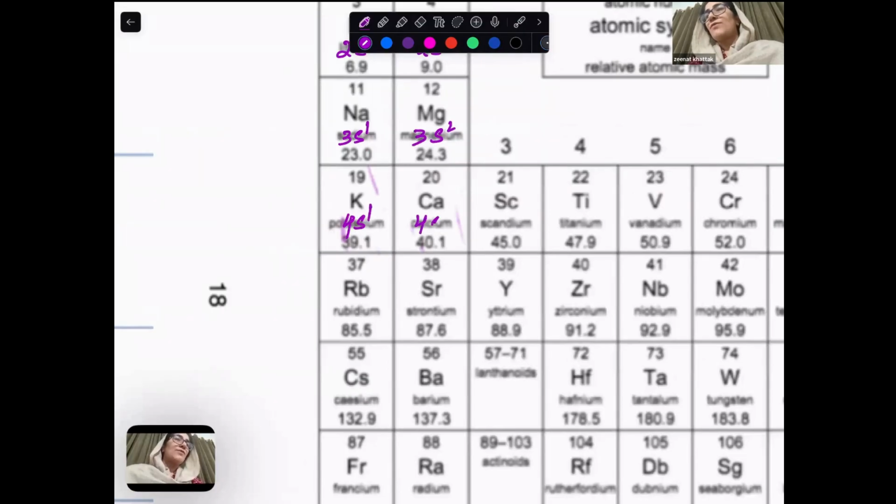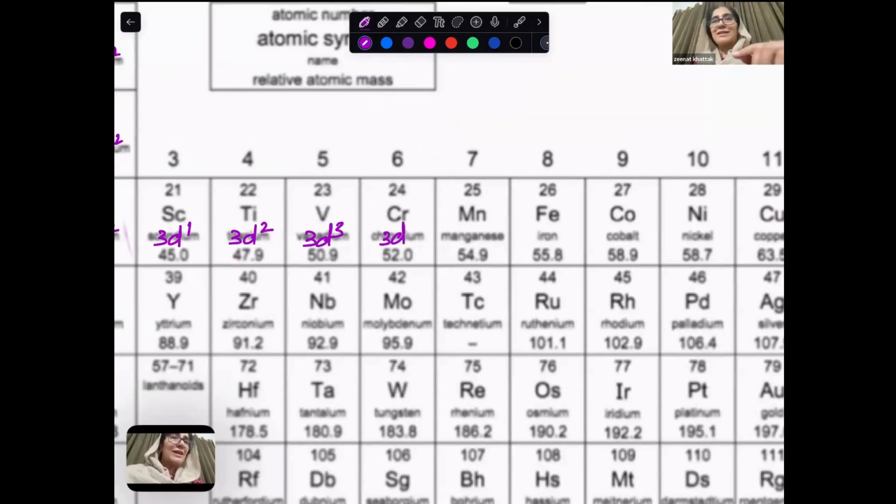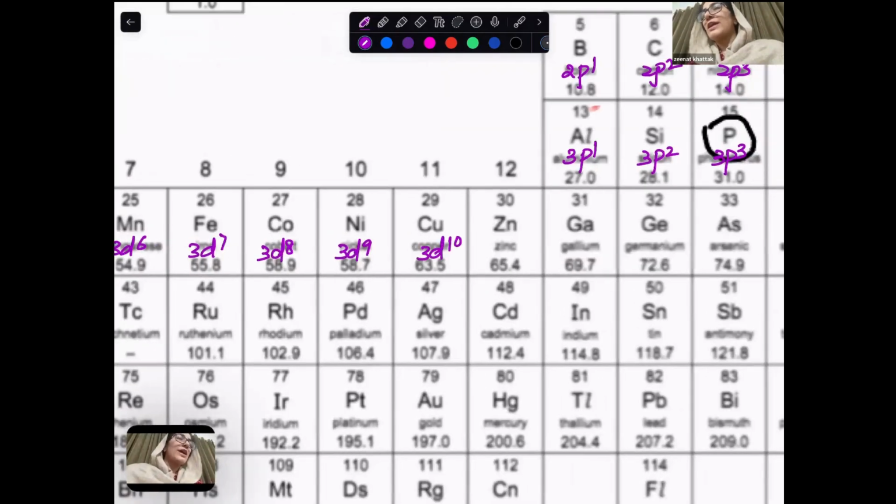Now 4s1, 4s2, 3d1, 3d2, 3d3. I know at this point when I'm writing 3d4, you will object. For the time being, we are writing 3d5, 3d6, 3d7, 3d8, 3d9, 3d10.